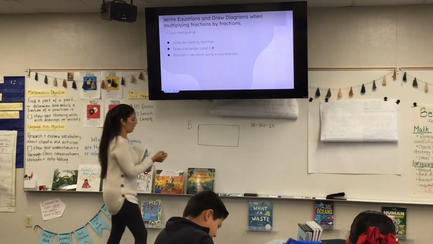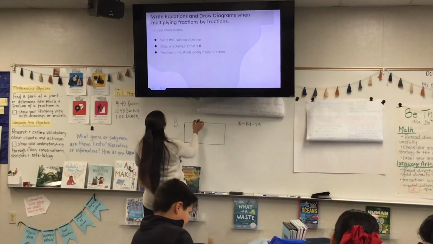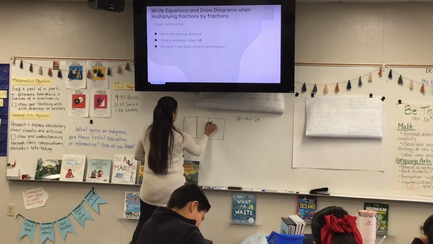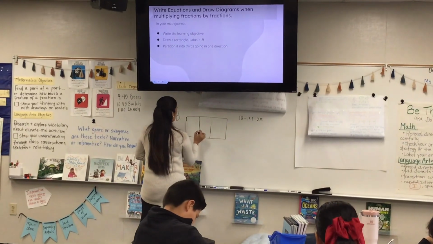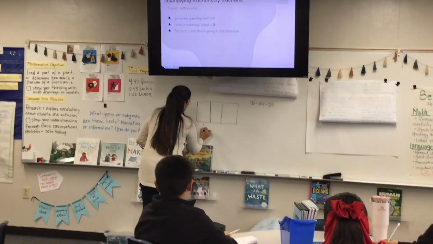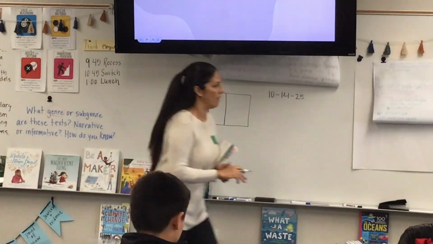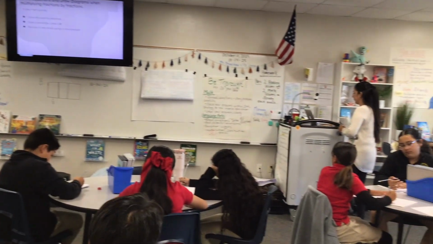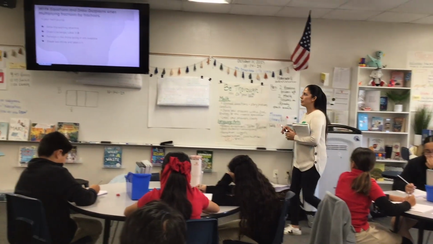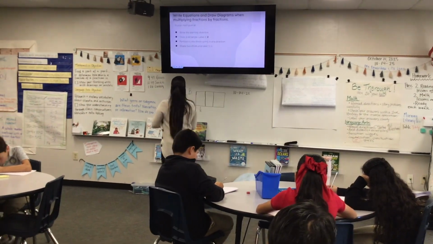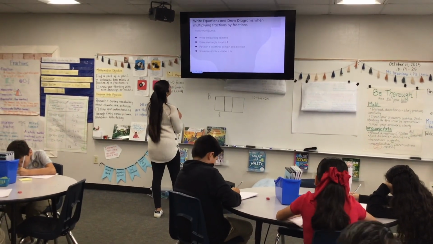Okay, so we're gonna go vertical into thirds. And I'm gonna go ahead and label it. And what am I missing? I need to shade 2/3 and label it 2/3.